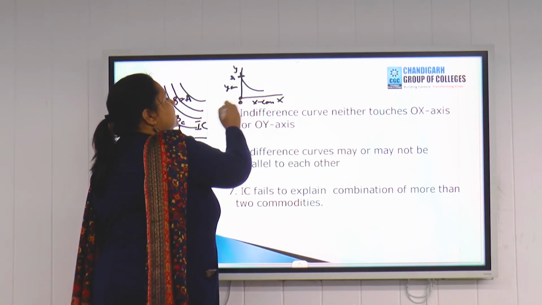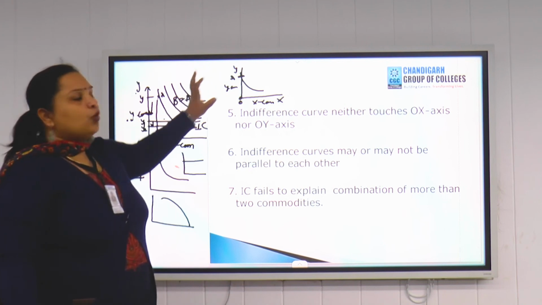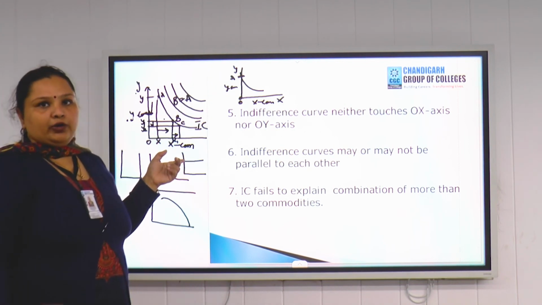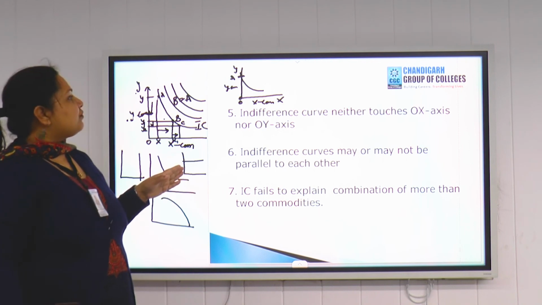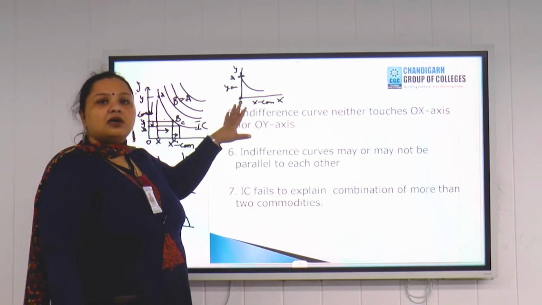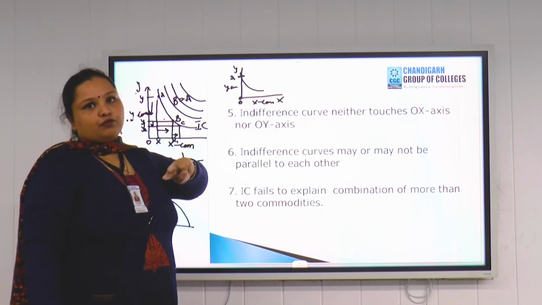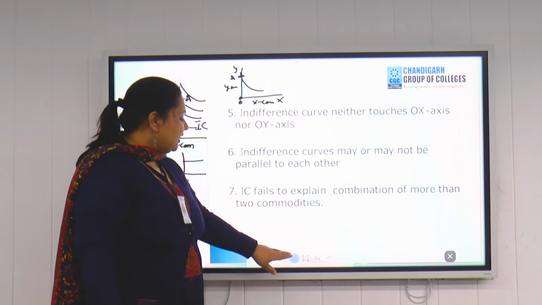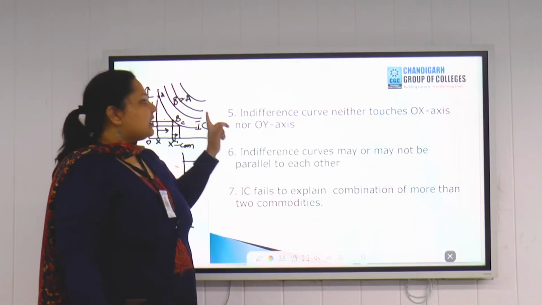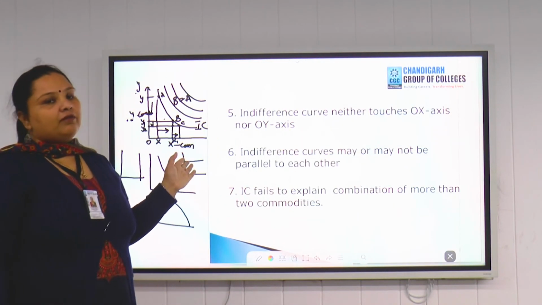I am purchasing 0 amount of X and OA amount of Y commodity. And what is the definition of an indifference curve? An indifference curve represents a combination of two goods. Here we are not making any combination, so it will be wrong to touch the indifference curve to either of the axes.